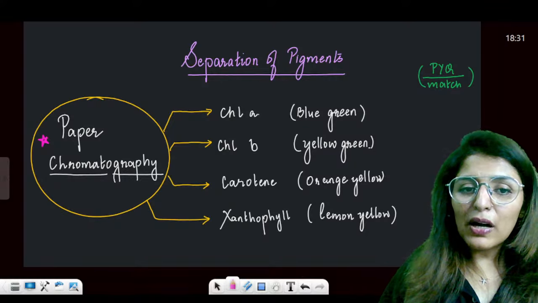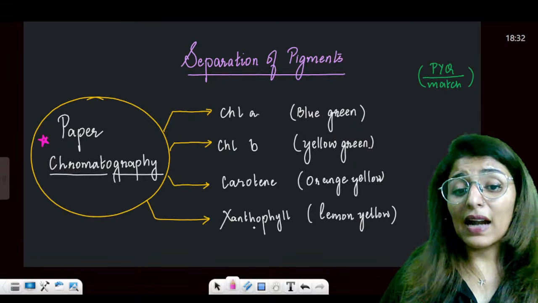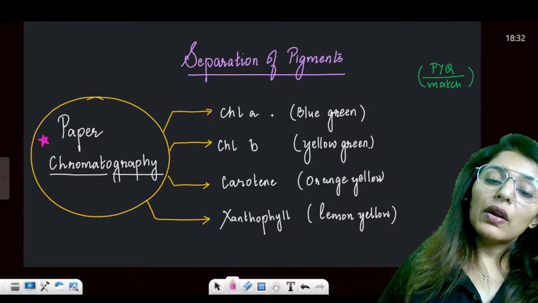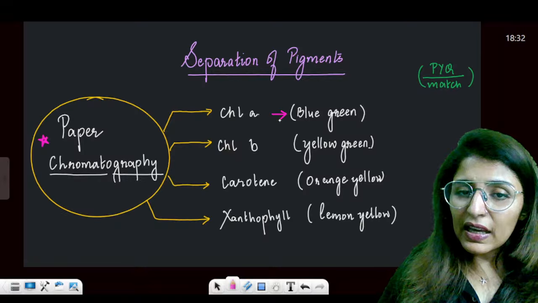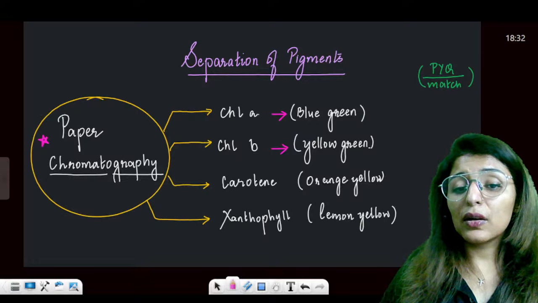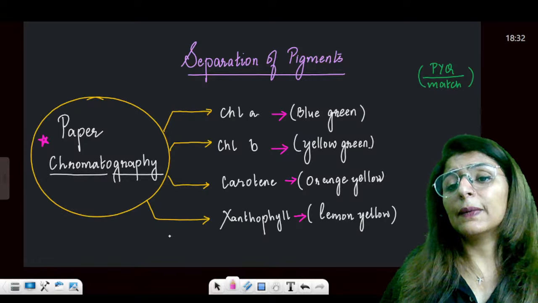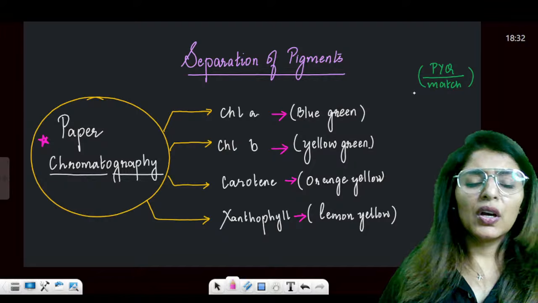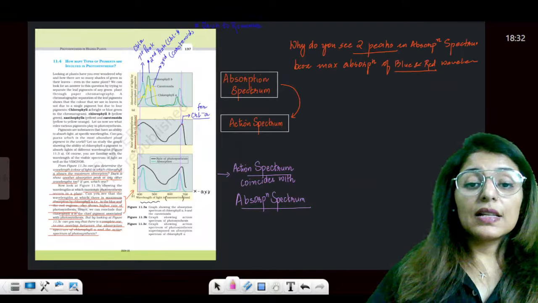By paper chromatography, we separated the pigments chlorophyll A, B, carotene, and xanthophylls. When we saw the different colors, chlorophyll A is blue-green, B is yellowish-green, carotene is orange-yellow, and xanthophylls are lemon-yellow in color. And this is a very important PYQ. You've already gotten this question in Match the Column. Is it clear?